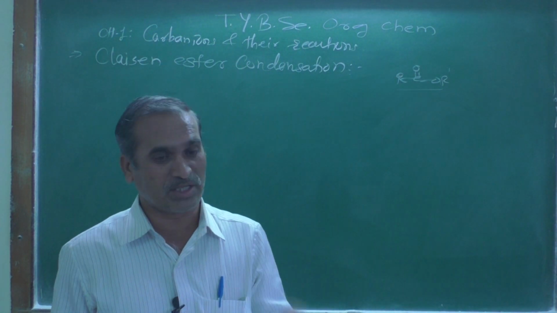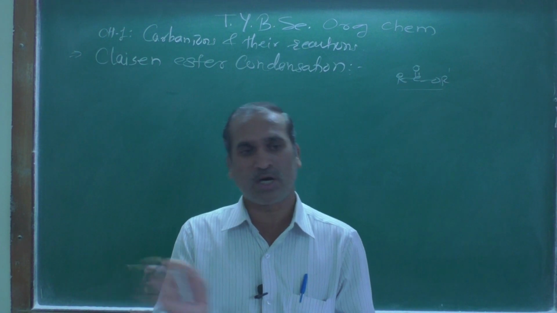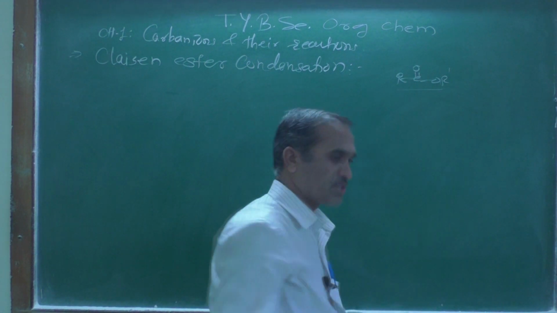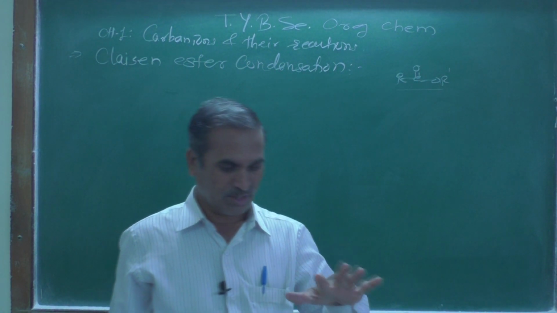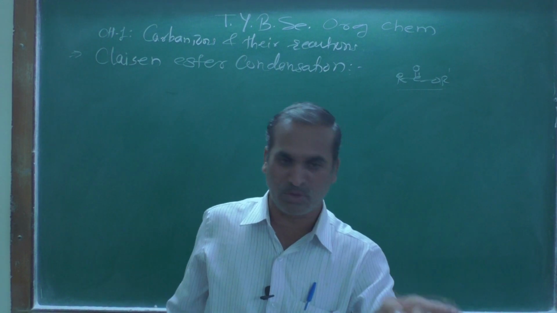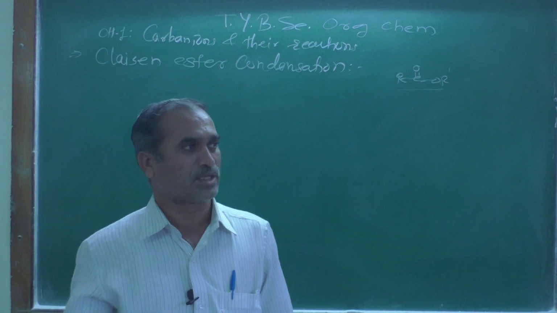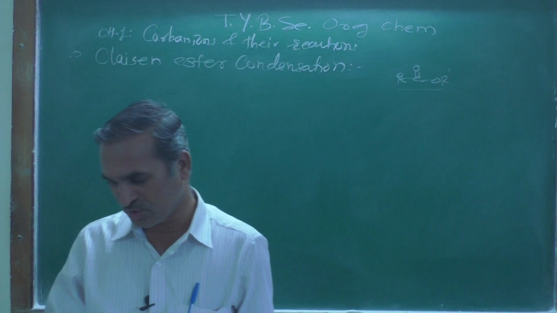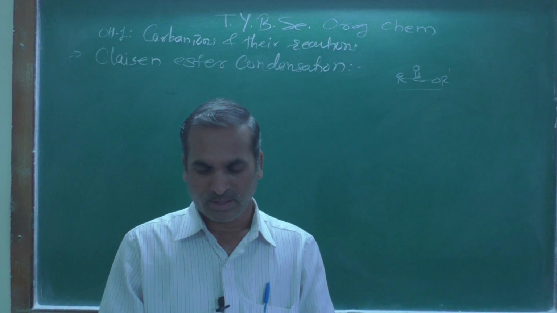If you talk about the reactivity of this compound, this carbonyl group has a slightly different reactivity than the carbonyl of aldehydes and ketones. They are more reactive as compared to an ester.